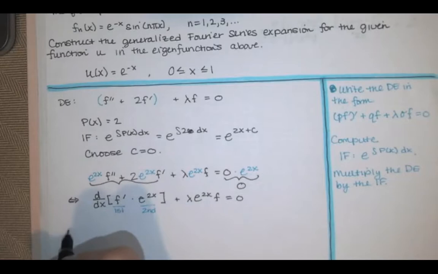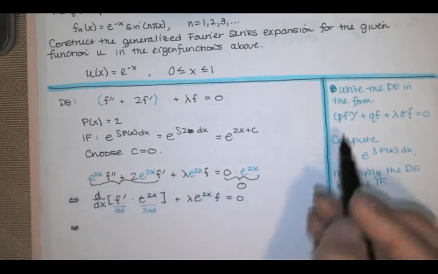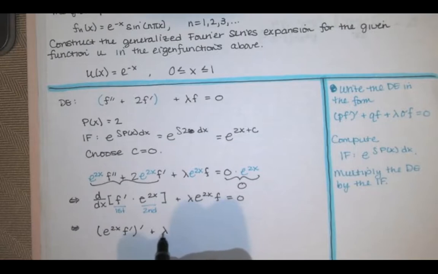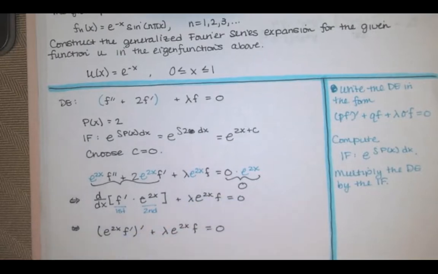And I will write it in the reverse order so that it looks more like this. And we'll switch back to prime notation. This is e to the 2x times f prime plus lambda times e to the 2x times f equals 0.